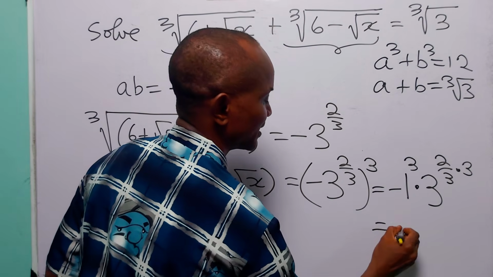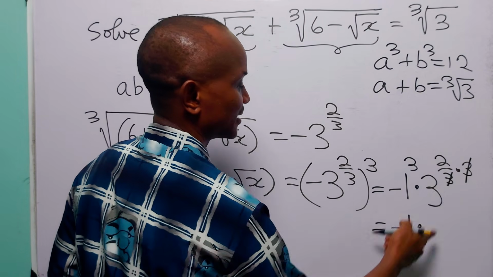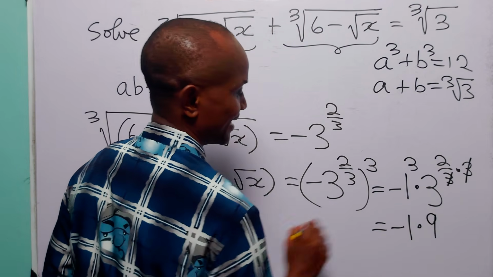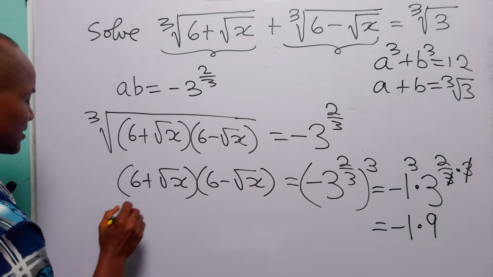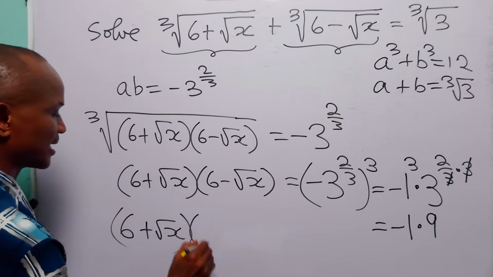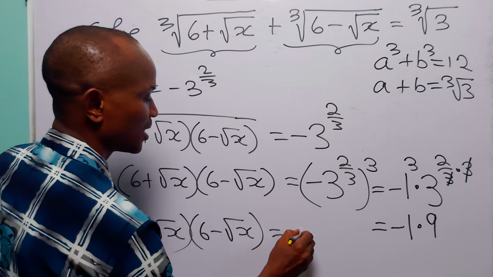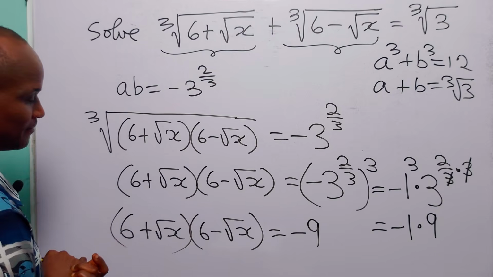Minus 1 raised to power 3 is minus 1. This will cancel that. 3 squared is 9. So we have that 6 plus root x times 6 minus root x is equal to minus 9.